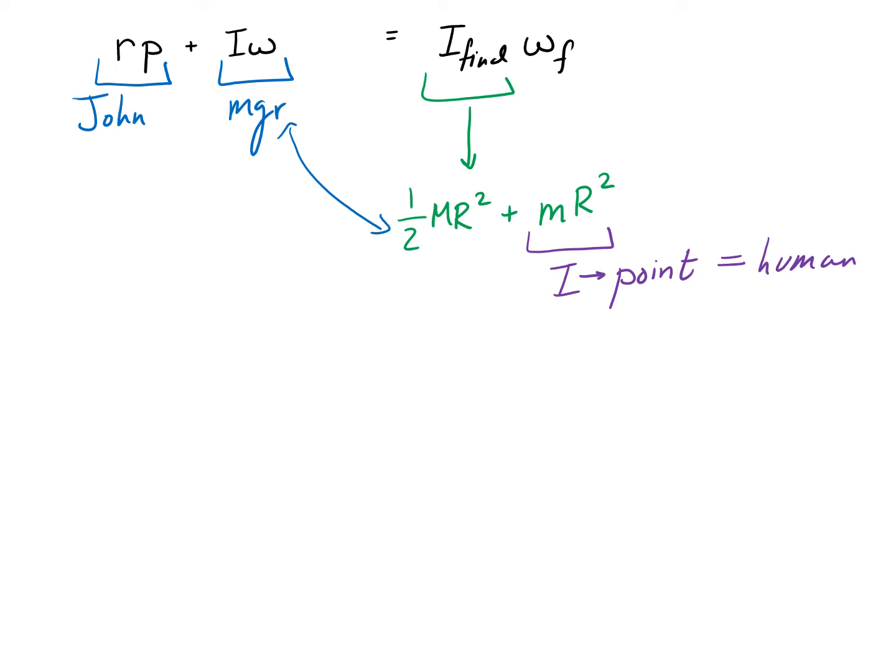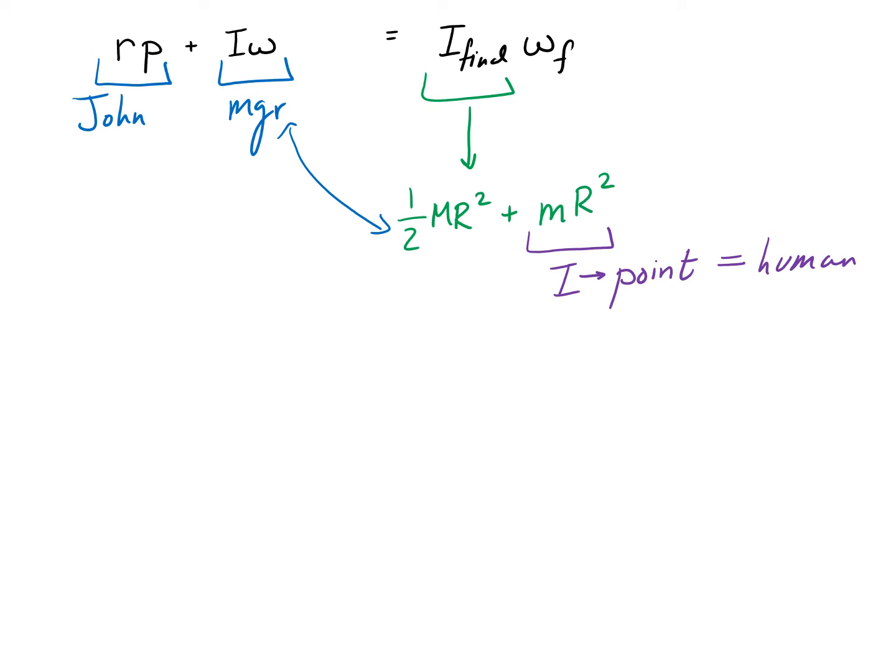If you think about sitting in one of the spinning chairs, you can change how fast you rotate by taking your arms out or pulling them in or sticking out a leg. It's the same thing that happens with figure skaters.